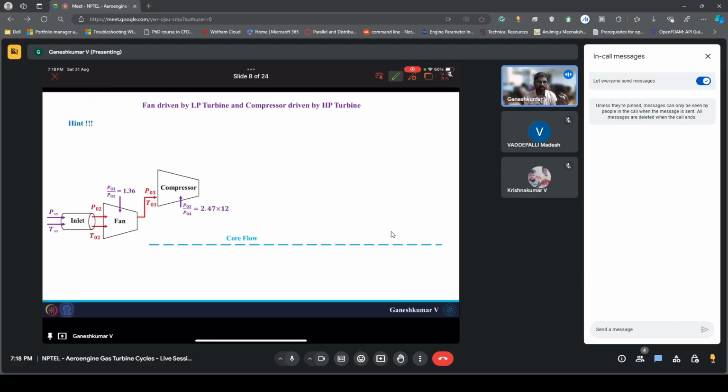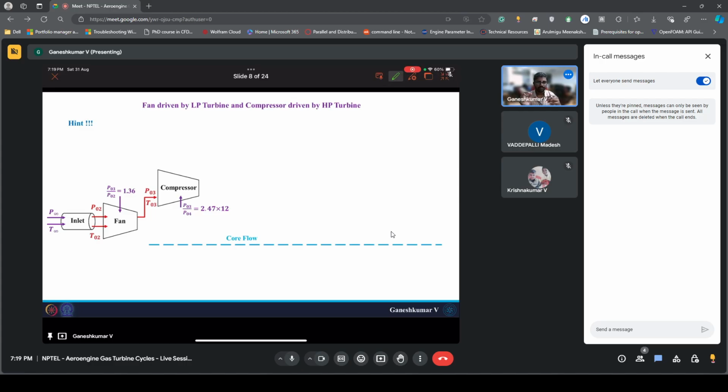Or you can also think in terms of the chain rule. At the entry I have P03 and at the exit I have P04. If I divide the compressor into two, one part being 2.47 and the other part 12, you can always find the overall pressure ratio by multiplying, because P03 by P intermediate times P intermediate by P04 gives the overall ratio.